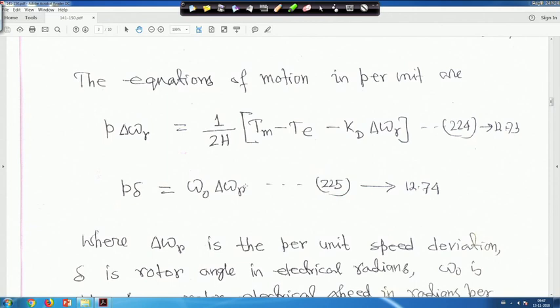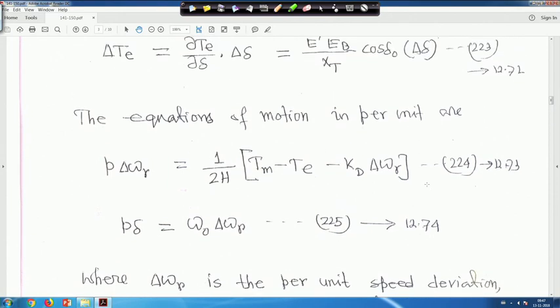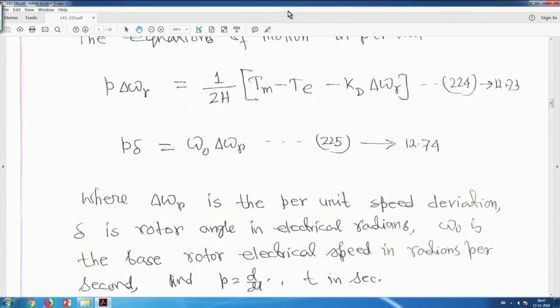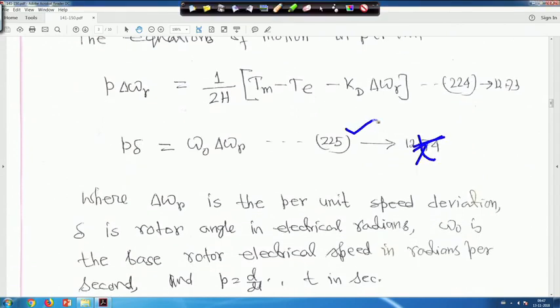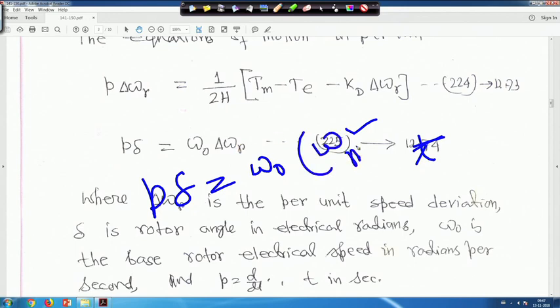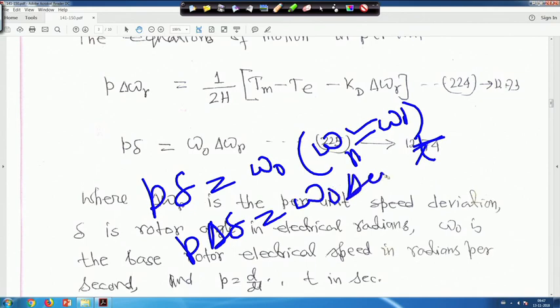Similarly, next page we will see, but I am making it here, just hold on. Similarly, equation 225, it is p delta. So, p delta is nothing but omega 0 and delta omega r, actually omega r minus omega 0. Now, if you take small perturbation, p delta delta is equal to omega 0 delta omega r, because this is omega r minus omega 0.